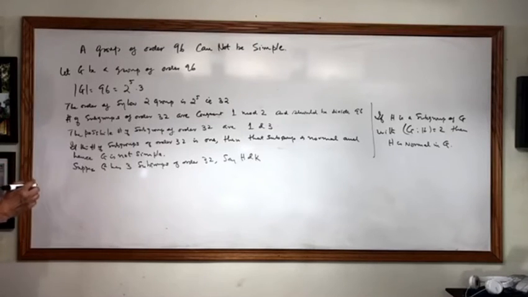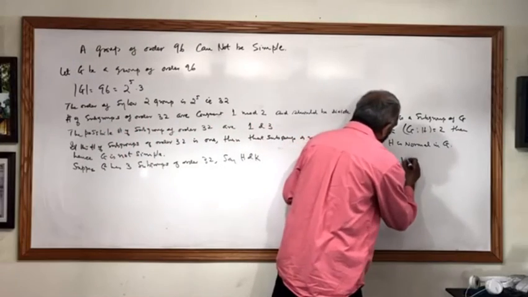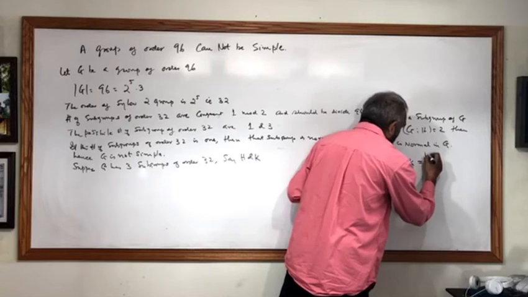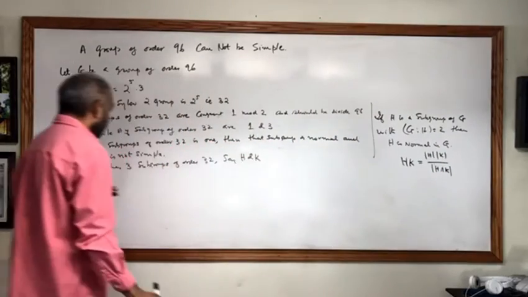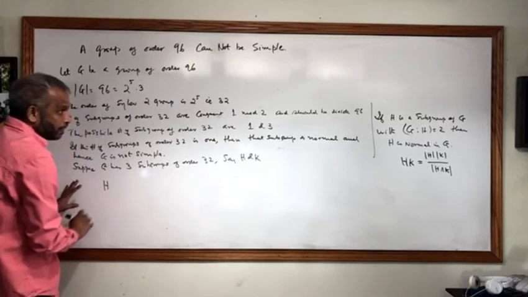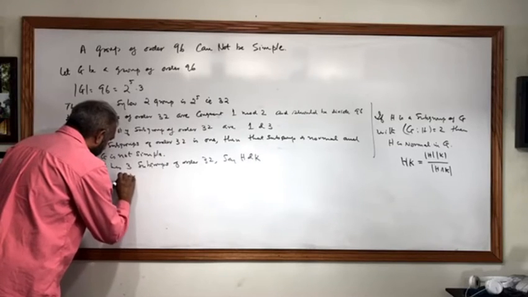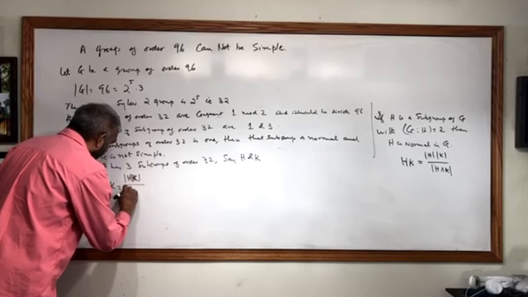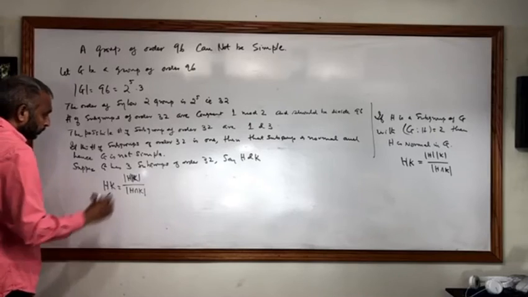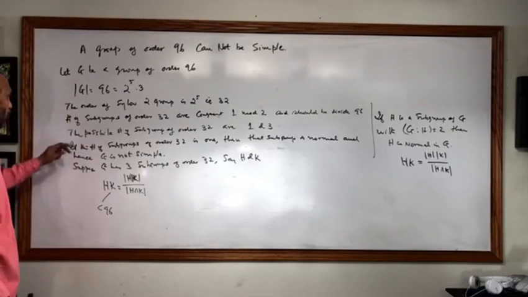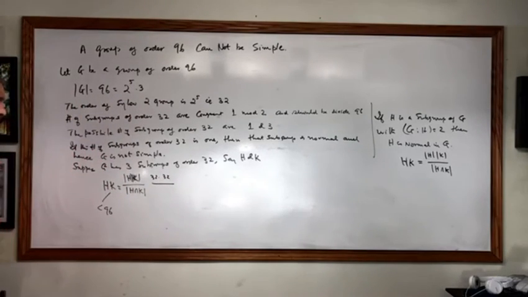Okay. Now let us see what happens here. Using the previous lemma, the order of HK is equal to the order of H times the order of K divided by the order of H intersection K. So this has to be less than or equal to 96, definitely, because all its elements are in G. And this is actually 32 times 32 divided by some number here.